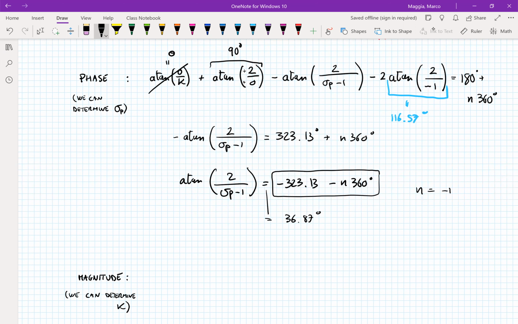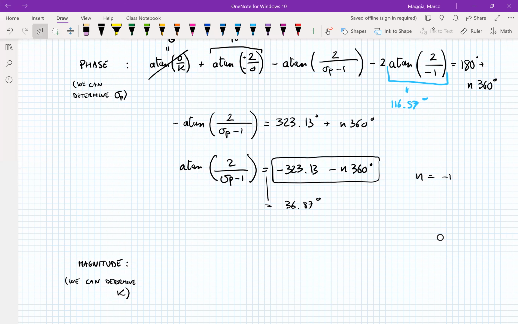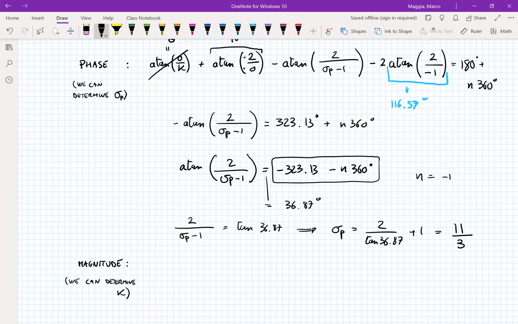Now, if we take the tangent of both sides, then we are left with 2 over sigma p minus 1 equals tangent of 36.87. Or sigma p is equal to 2 over tangent of 36.87 plus 1, which happens to be a very nice fraction, 11 over 3.